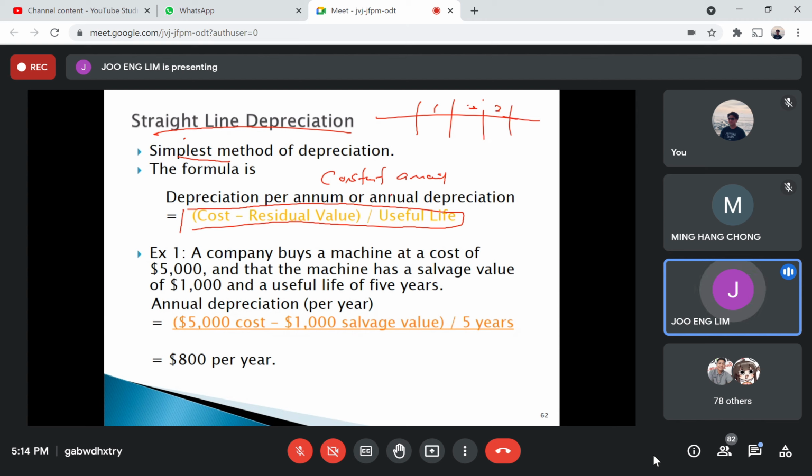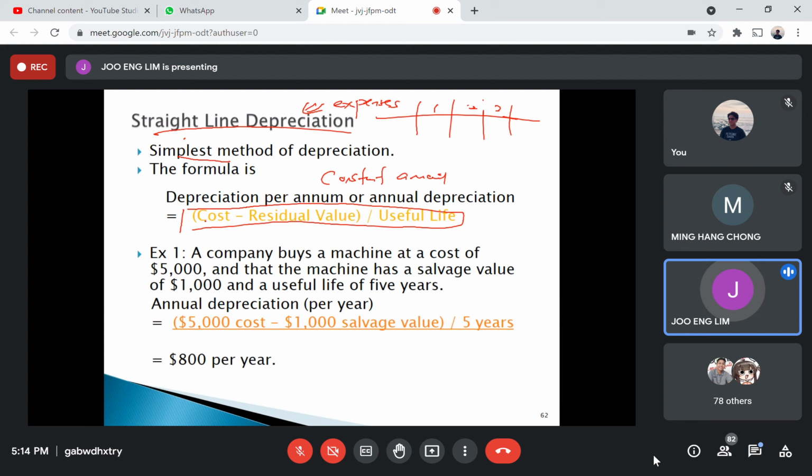So every year, the amount that you depreciate on your asset is the same. Depreciation, you always think that it is an expense. Expenses, like when you buy raw material is an expense, you pay salary to the worker is an expense. So one of the types of expenses is called depreciation. Okay, so what is the amount?